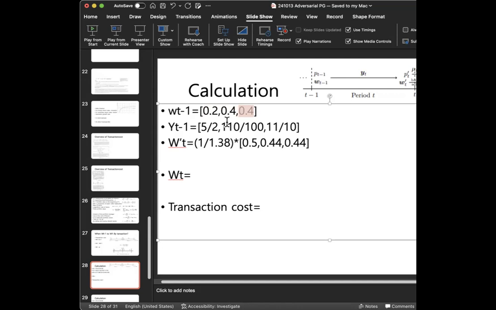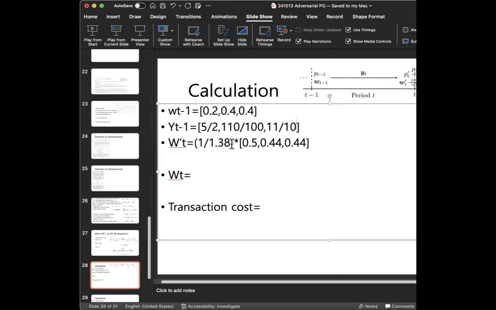After they invest their assets, there was price fluctuation: asset A's price increased by 2.5 times, and asset B's price increased 1.1 times, and asset C increased 1.1 times.